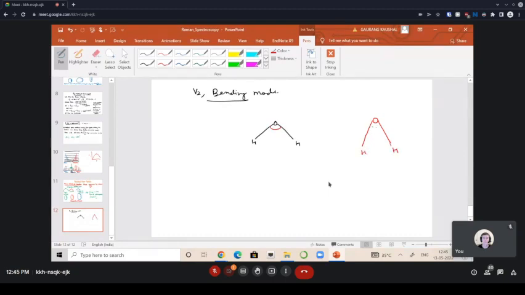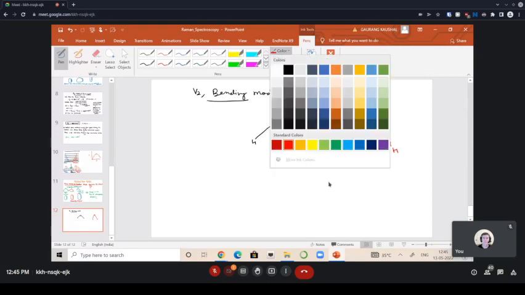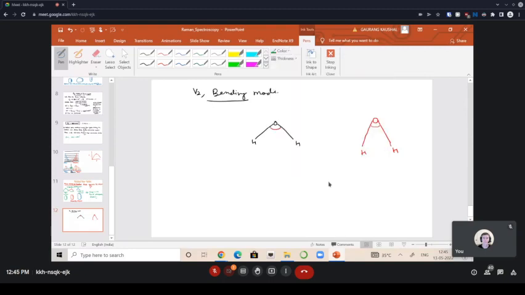This angle was decreased on the one hand. On the other hand, you can just increase this angle. So this angle is increased. This is H here, H here.